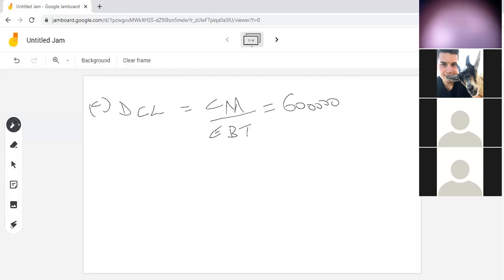So contribution margin was 600,000 and earnings before taxes was 150,000. Therefore, our combined leverage would be 4 times.